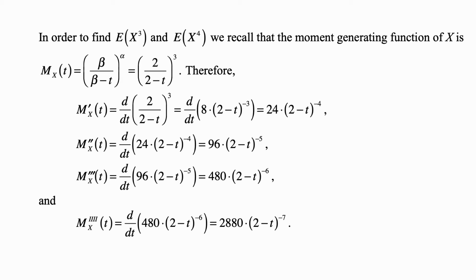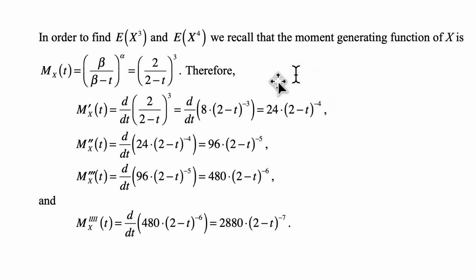Therefore, we take this 2 over 2 minus t cubed and make it into 8 times 2 minus t to the negative 3, and then take the first derivative, which is 24 times 2 minus t to the negative fourth.